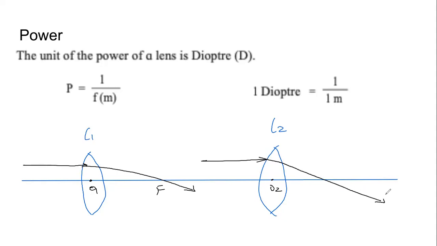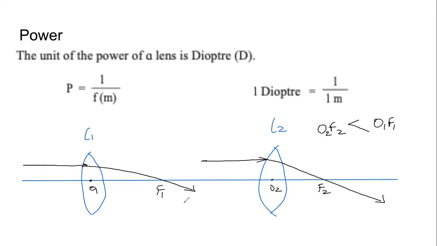Now, if it bends the light more than the previous lens, then it will go like this. If we call this F1, we can call this F2. If the power of lens 1 is less than the power of lens 2, very clearly our O2F2 will be less than O1F1 because it bends more.